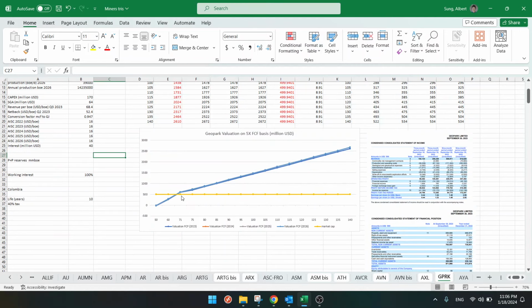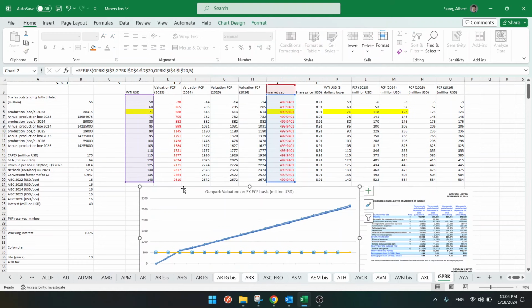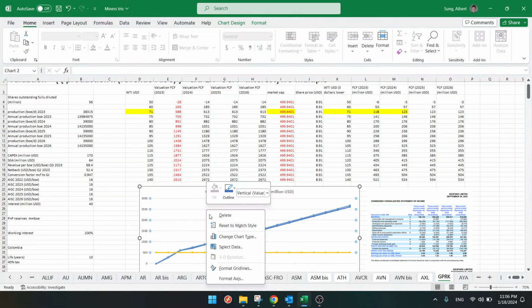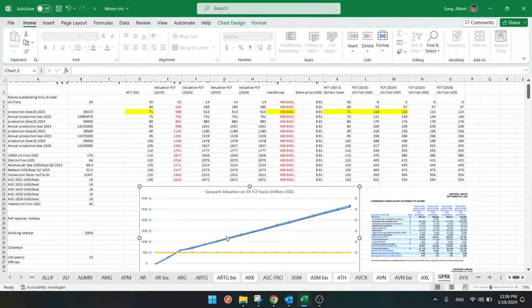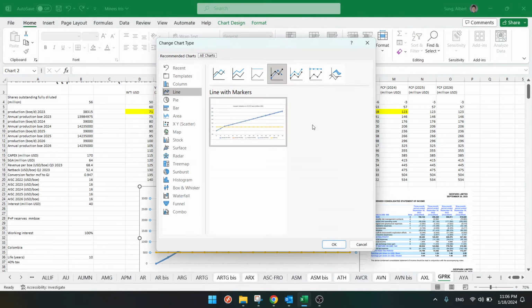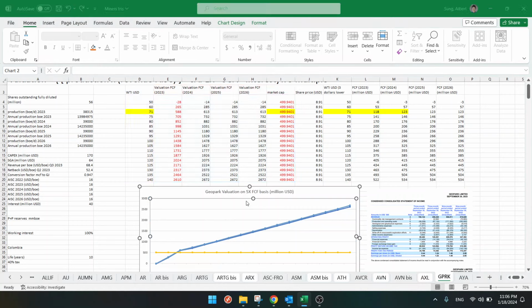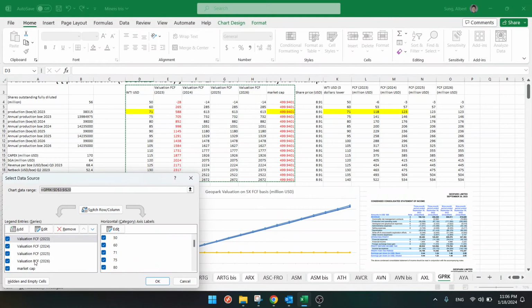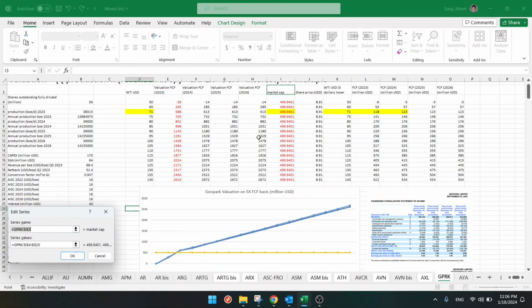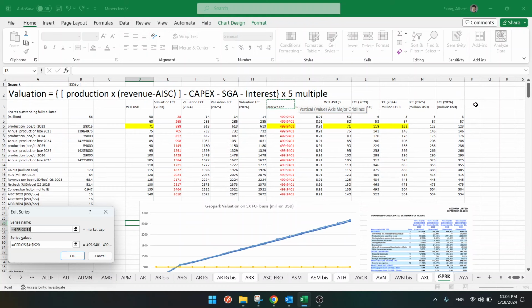And we see that, yeah, this is the market cap. We should not use the market cap because this is a highly indebted company. We should use the enterprise value, which I'm going to add here.